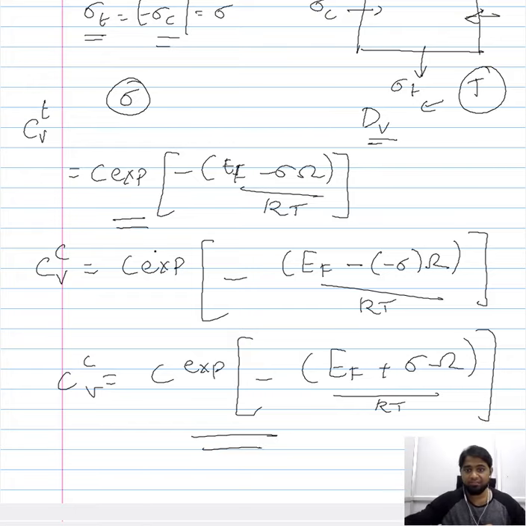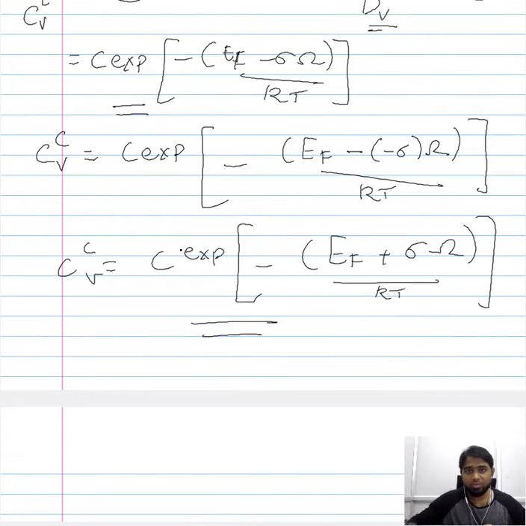And it is evident that while the tensile load reduces the energy required for the formation of vacancies, the compressive stress increases the energy required for the formation of vacancies.